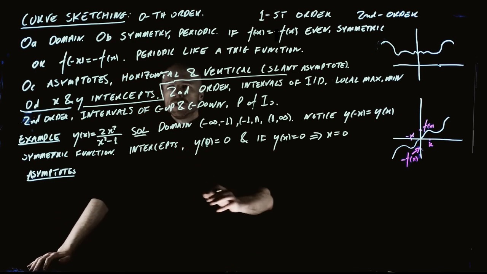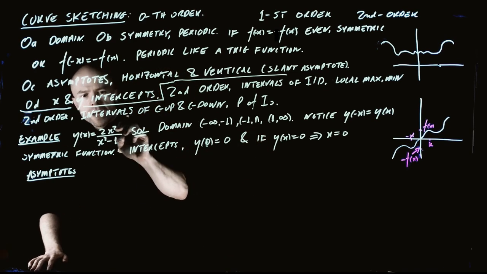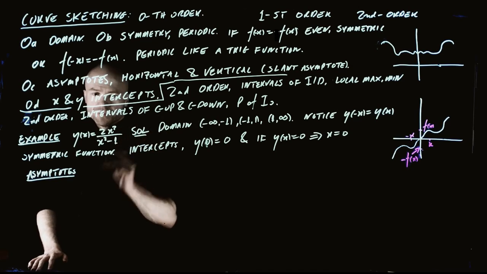If you want to be very cautious, you can factor out an x squared from the top and the bottom, and then you'll see the following.